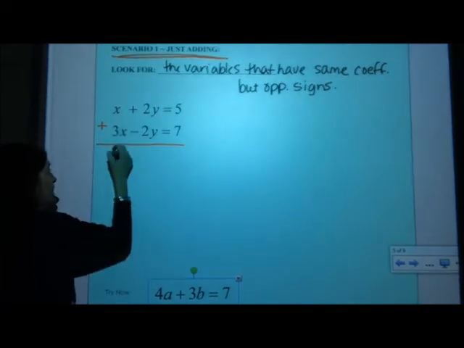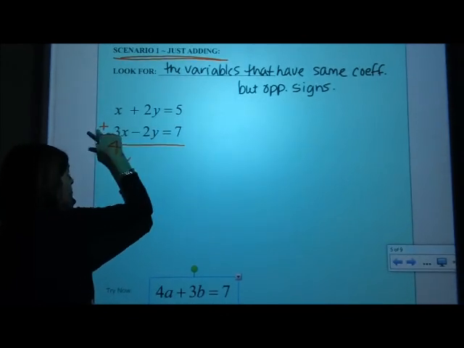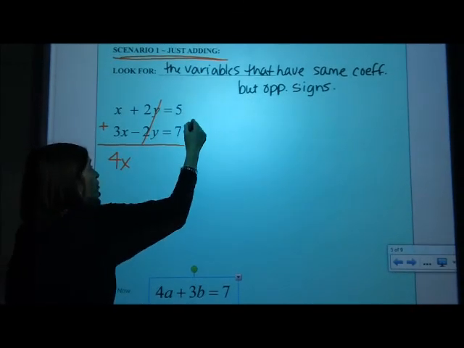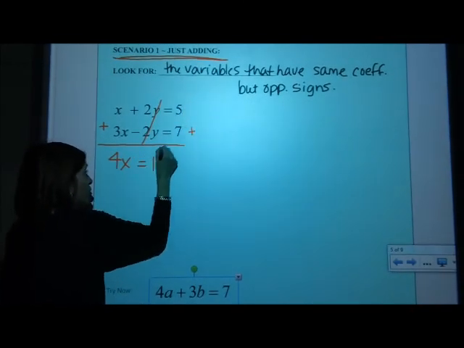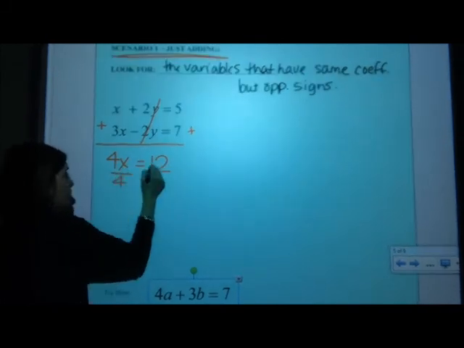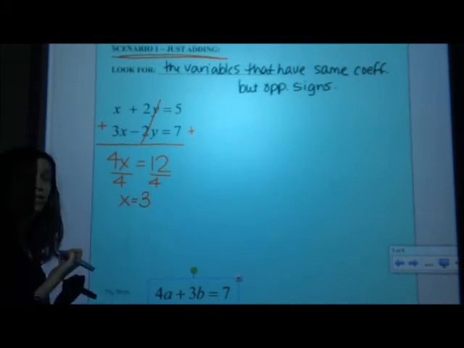So x plus 3x gives me 4x. 2y minus 2y, because it's plus and negative, gets eliminated, and then 5 plus 7 is going to give me 12. Okay, then we divide by 4 on both sides, so then x is 3. What do I do now with x?